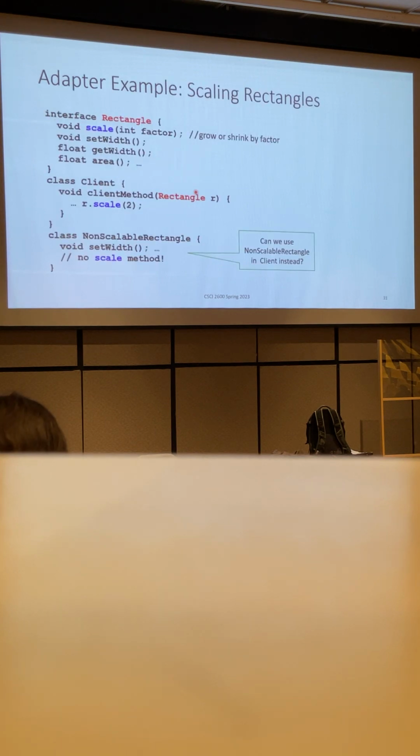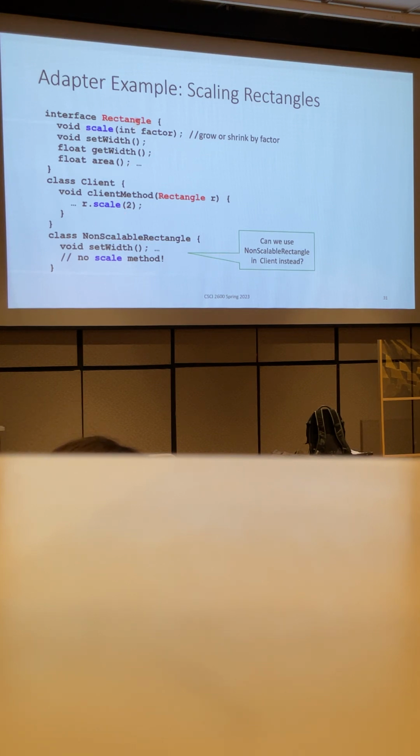All right, so let's look at some examples. Here is interface Rectangle, and we have two classes, the Client class and the NonScalableRectangle class. The client has a client method that takes a Rectangle, and then it calls scale on that rectangle.